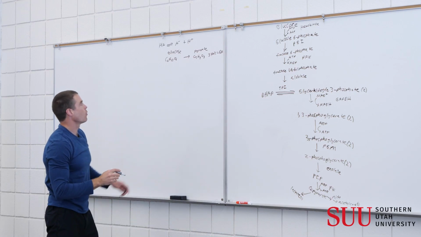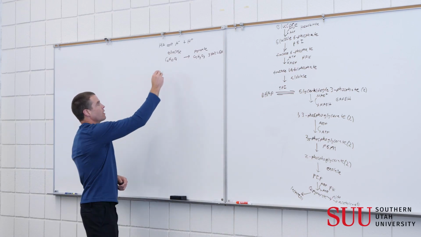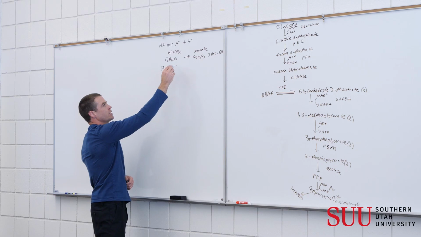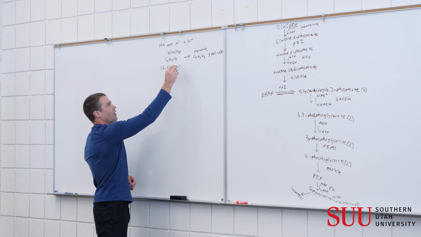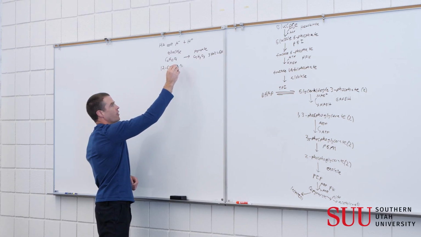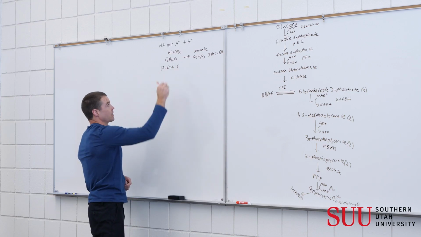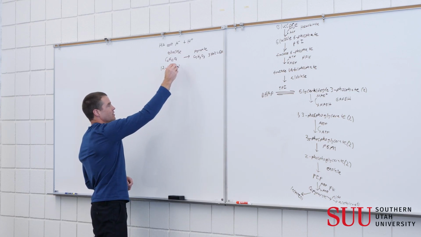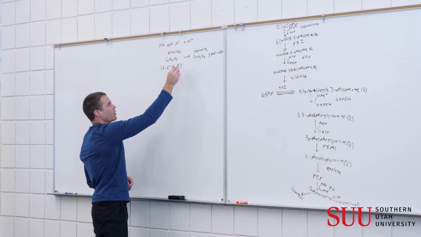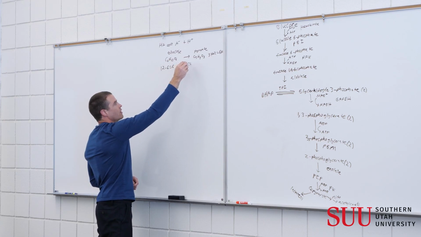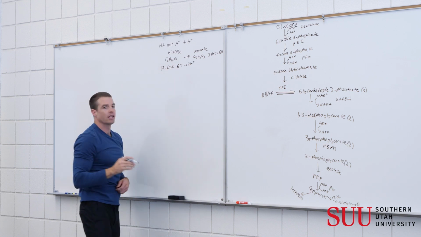Well, glucose has 12, right? So 12 minus 6 equals 6. So the question is, where are the other 6 hydrogens, and how many of those are H plus ions?